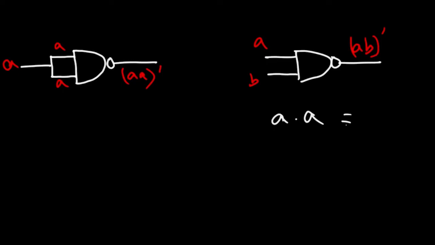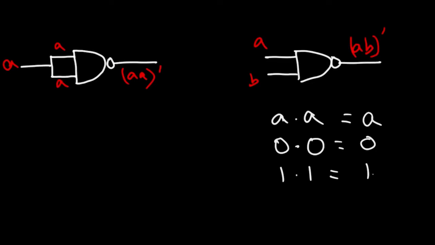Now you need to be familiar with some rules of Boolean algebra, and we're going to go over those rules soon. But A times A is basically A. One way to help you to see this is if you multiply 0 and 0, you get 0. If you multiply 1 and 1, you get 1. Now keep in mind, we're dealing with binary numbers. And so in a binary system, it works out to be true.